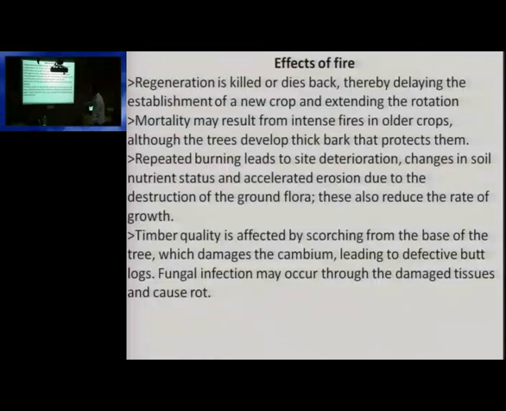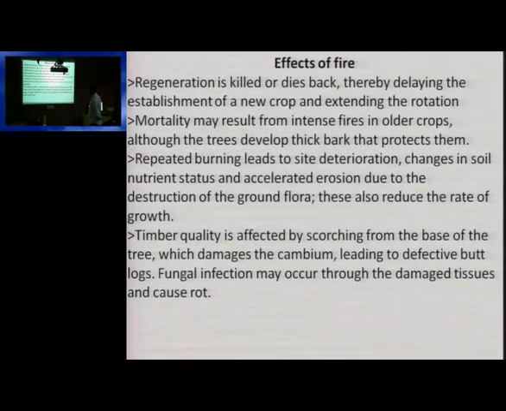Effects of forest fire are regeneration is killed or dies back, thereby delaying the establishment of new crop and extending the rotation. Mortality may result from intense fires in older crops, although the trees develop thick bark that protects them. Repeated burning leads to site deterioration, changes in soil nutrient status, and accelerated erosion due to destruction of ground flora.